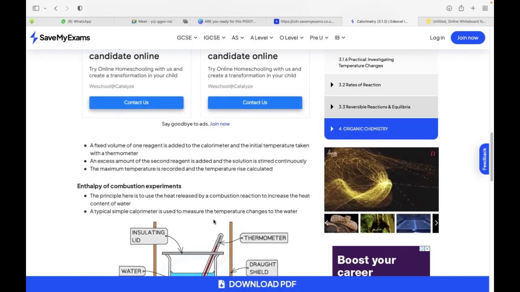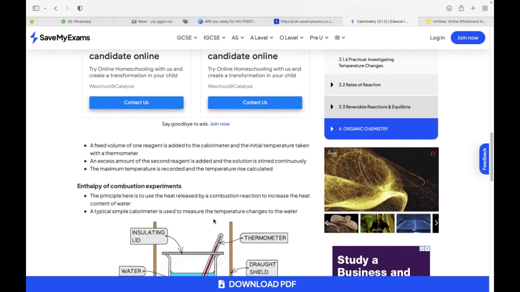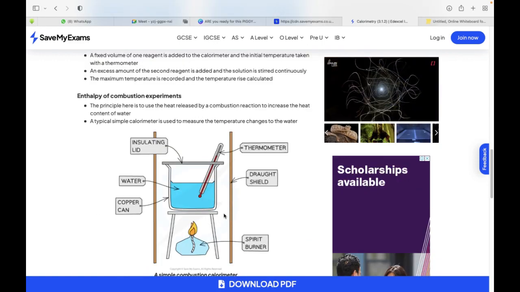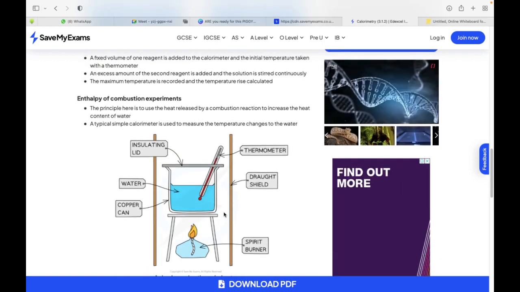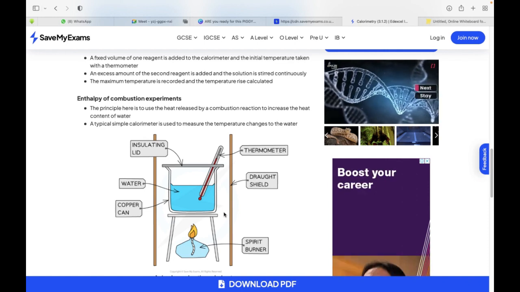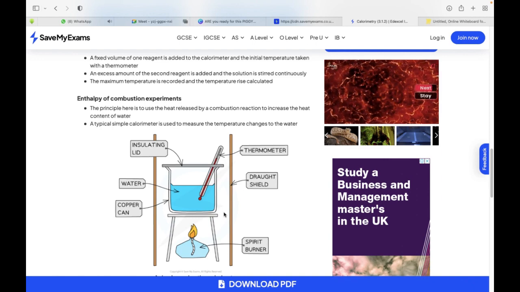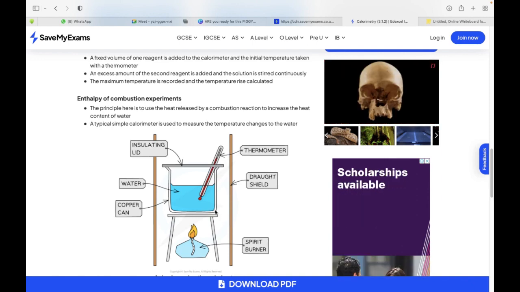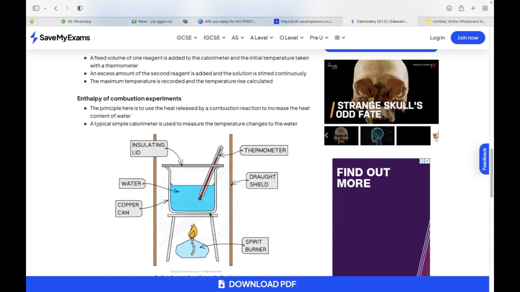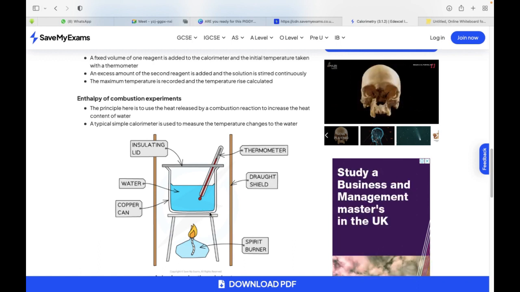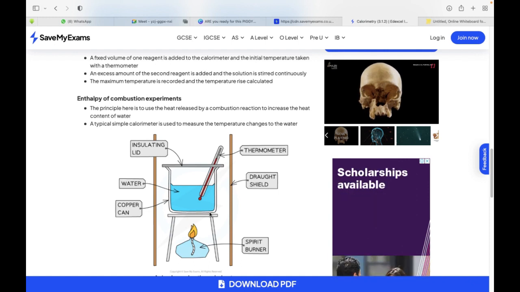Now let's take a look at the enthalpy of combustion experiment. Remember, for calorimeter measurements we have two: enthalpy of solution and enthalpy of combustion. Enthalpy is just like measuring the heat energy, the thermal energy, when a reaction takes place.